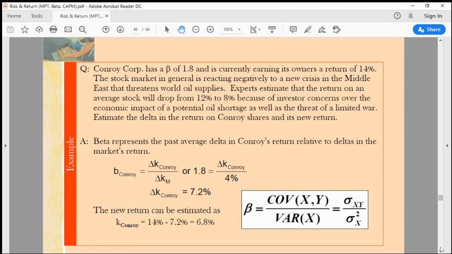But the downside is the market goes down by 10%, your portfolio will fall by 20%. So you don't want that. You want your portfolio to move only as much as the market. You want the volatility to be only as volatile as the market.